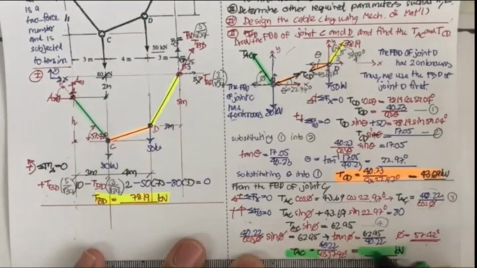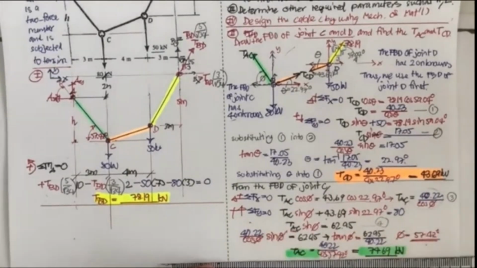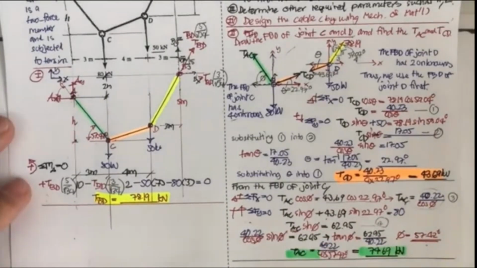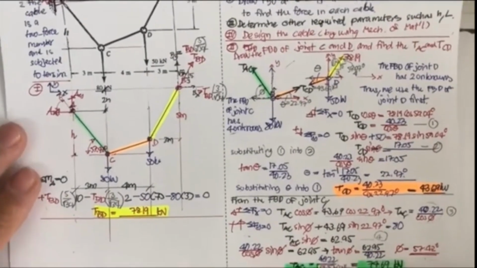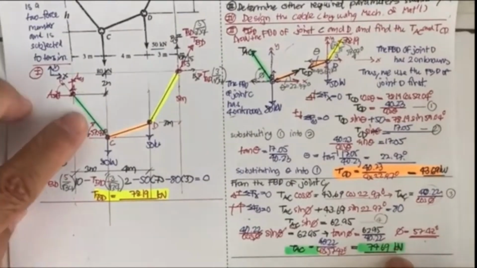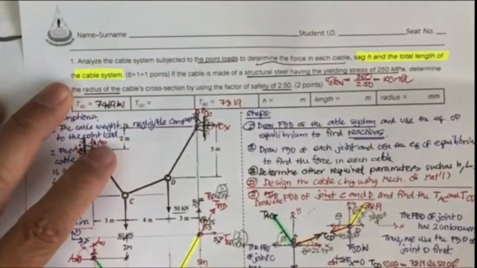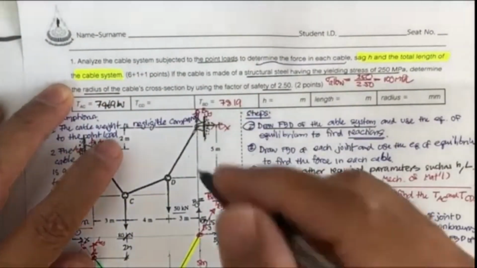T sub AC. You may pause and do the calculation. 74.69. Okay, we obtain all the required forces. T sub AC is the green one, 74.69 kilonewton, and T sub CD is 43.69 kilonewton.